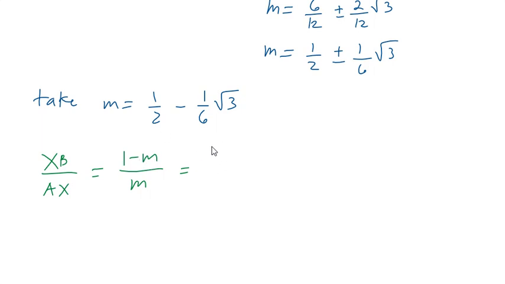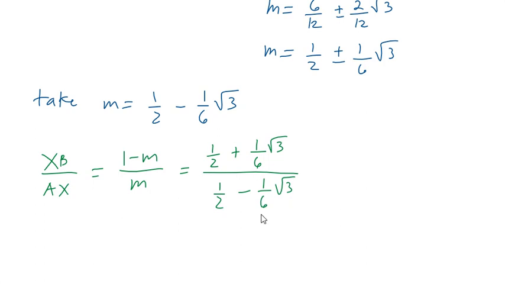We'll just get 1 half plus 1/6 square root of 3 divided by 1 half minus 1/6 square root of 3. Okay, so before I rationalize, I'll get rid first of the denominators.